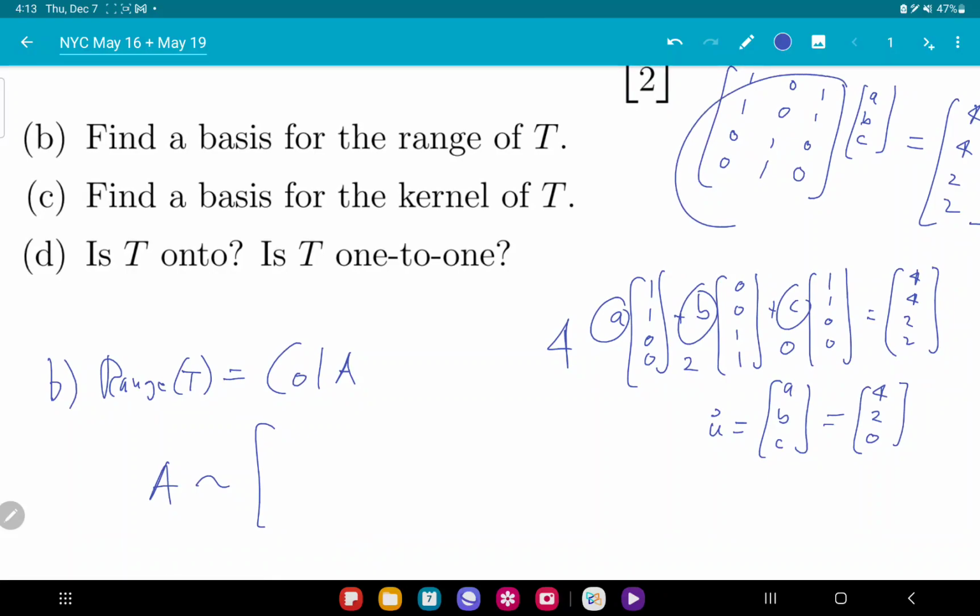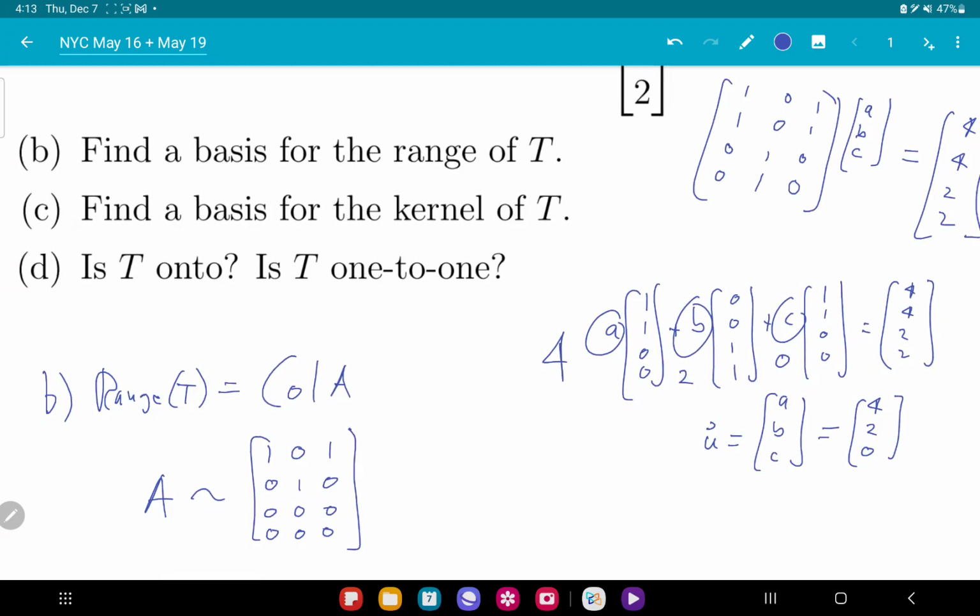And what happens? I'm reducing this guy. Well, I hope you agree once I reduce that, I will get this matrix here. These two rows are the same, so one of them dies a horrible death.